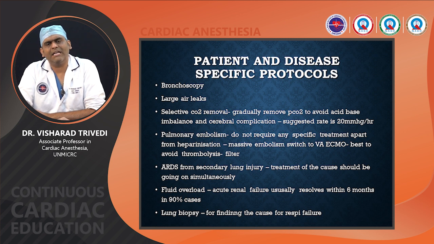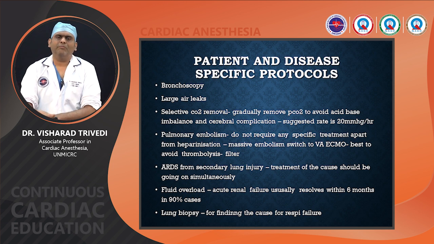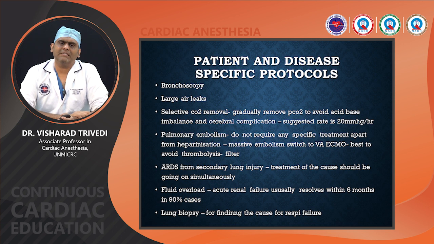Large air leaks or large bronchopulmonary fistulas can be operated on while the patient is on Veno Venous ECMO, or you can put the patient on Veno Venous ECMO just to treat these large air leaks. Selective CO2 removal, which we have seen in the previous lecture, can be used for removing the CO2 which is not removed by the native lung exchange.